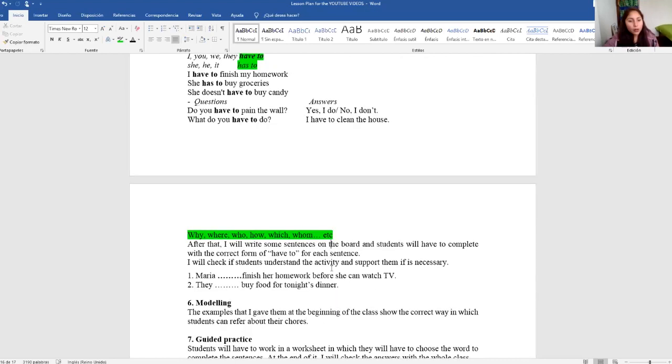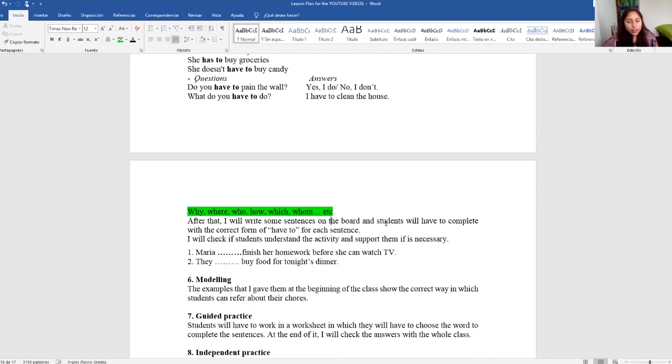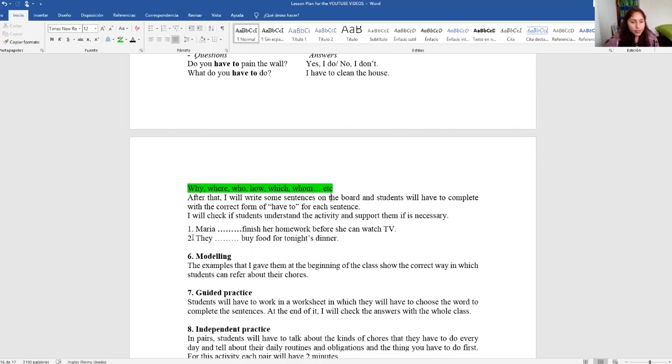Let's continue. Sentences on the board and students will have to complete with have to for each sentence. I will check if students understand the activity and support them if it's necessary. For example, here we have two sentences.